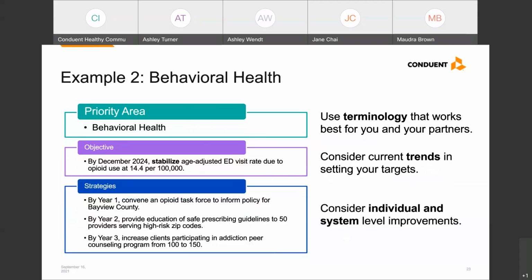Here's another example of a priority for many of our clients, behavioral health. Note that the highest level is labeled priority area rather than the goal, and the lowest level is labeled strategies versus activities. We wanted to acknowledge that different communities sometimes use different terminology.